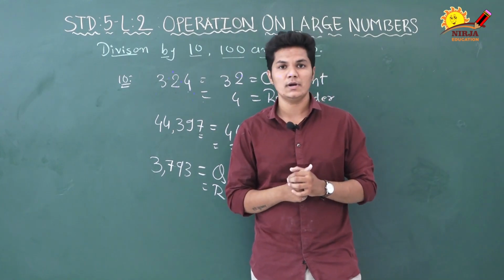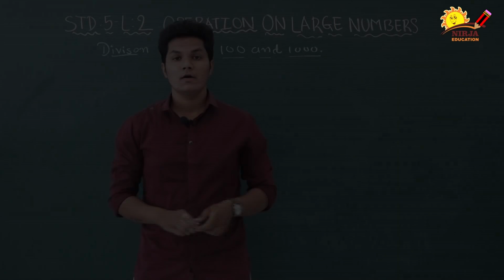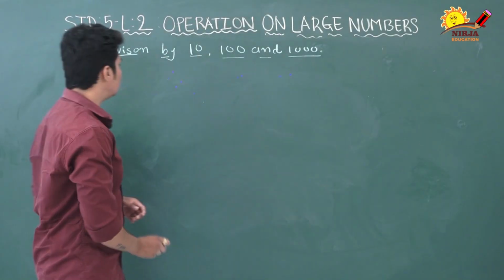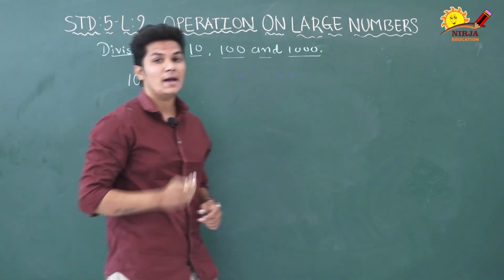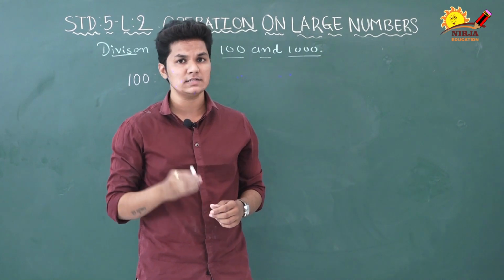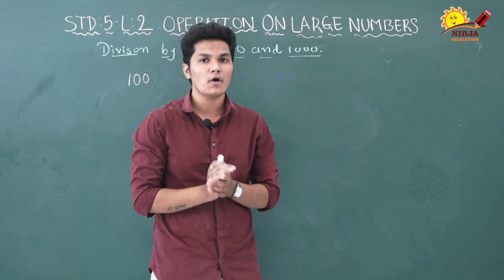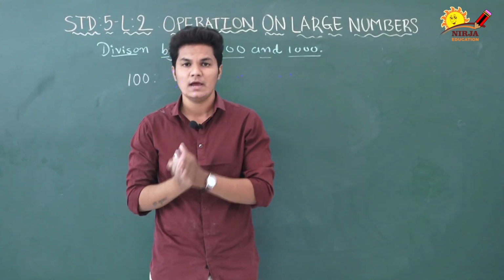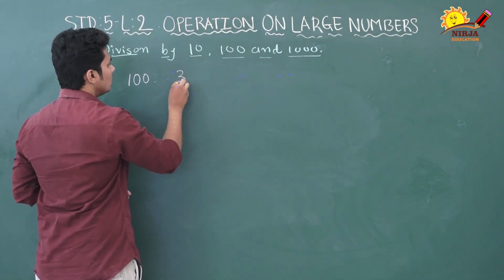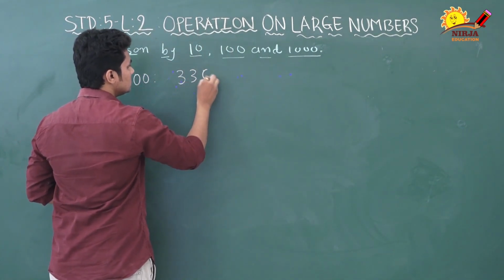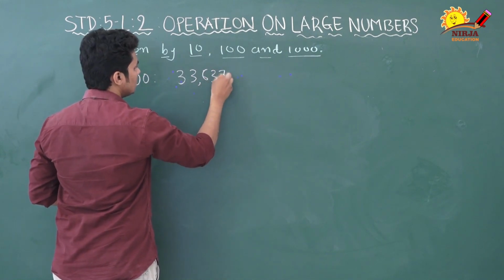Now, let us see a number divided by 100. Okay students, when a number is divided by 100, we obtain the quotient by writing the number without the tens and ones place, and the number formed by the tens and ones digits is our remainder. For example, 33,637.